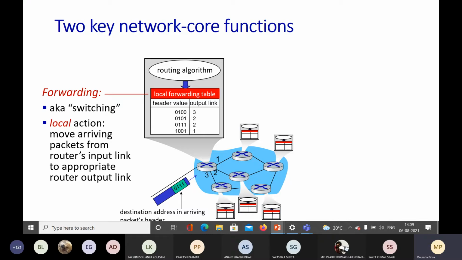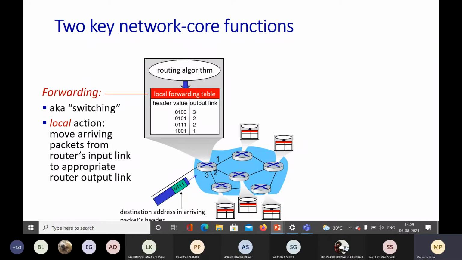So there is a to and a from. When we are sending packets over the network, there also we need a to and a from. The to is the destination and the from is the source. The destination address is given here in this packet.